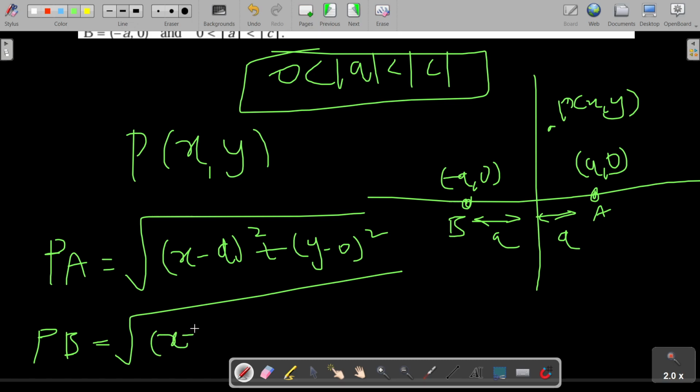X1 is x, x2 is negative a, plus y2 is also 0 in this case.